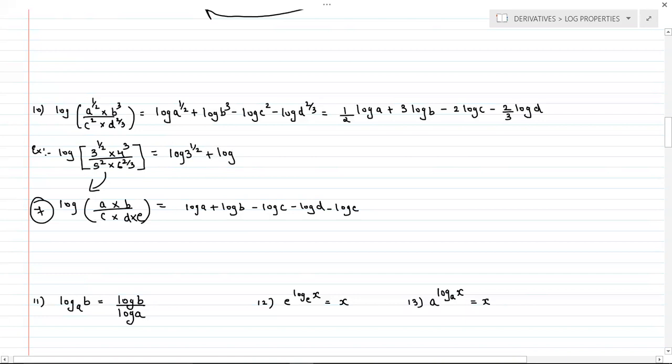For the numerator term we have to attach a plus symbol, and for the denominator we have to attach minus. Remember this. So this is the property it says: for the numerator you will attach a plus symbol, and for the denominator you will attach a minus symbol.